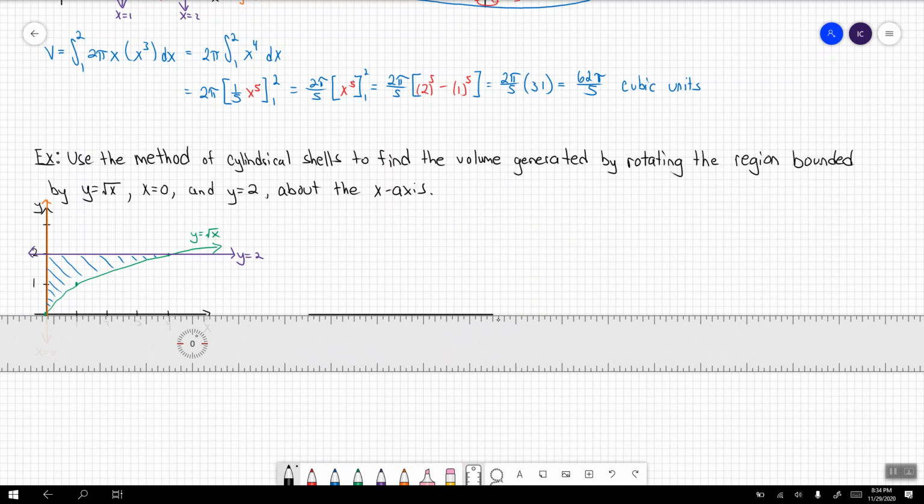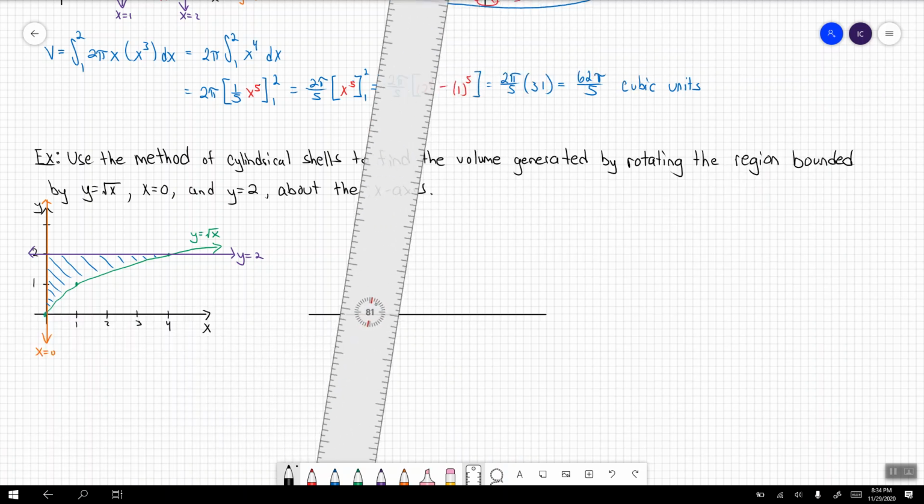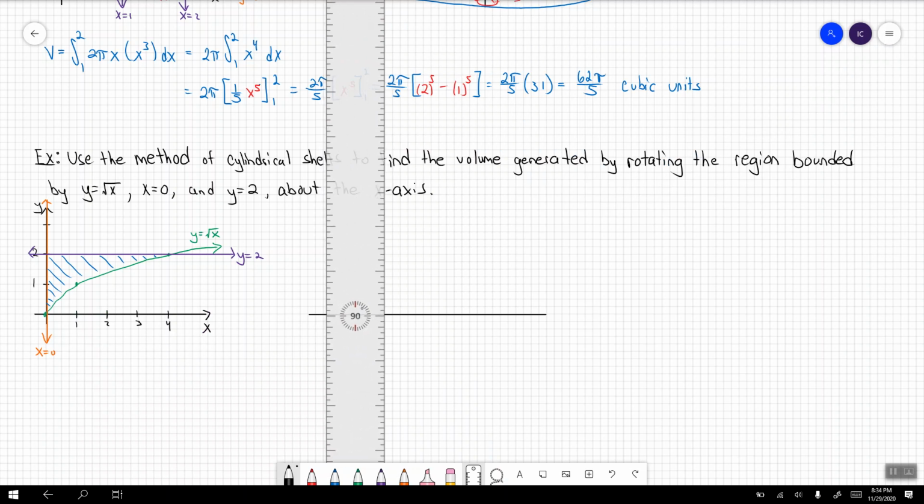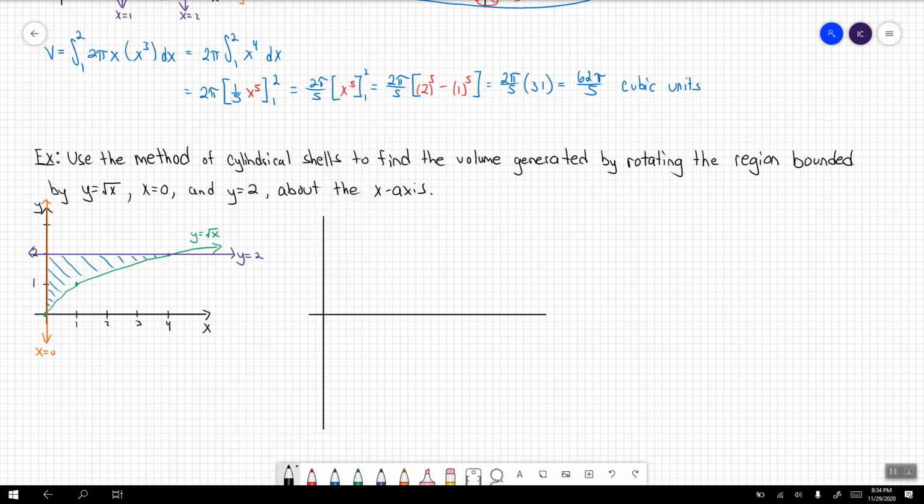So again, what I'm doing here is I'm just drawing this picture so I can denote that rotation that's going to take place. Alright, so we have our y and our x-axis.